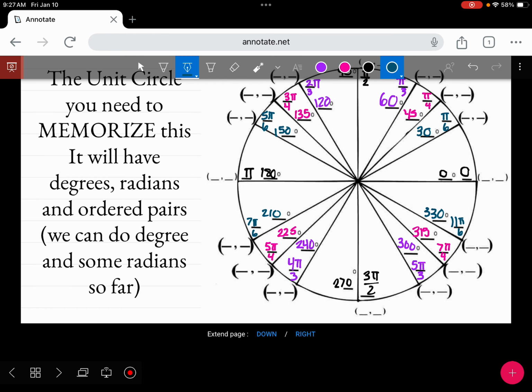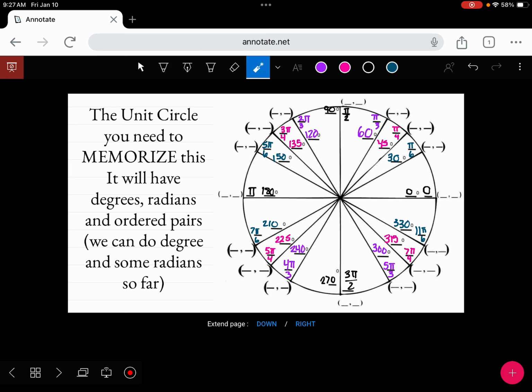Okay, so there's a lot of pieces in there. And I believe on Monday, we will get the other values to fill in our ordered pairs. But we can start looking at this and thinking about it and seeing if we notice any patterns. There are many different techniques, tricks, and tips for how to fill in the unit circle quickly.